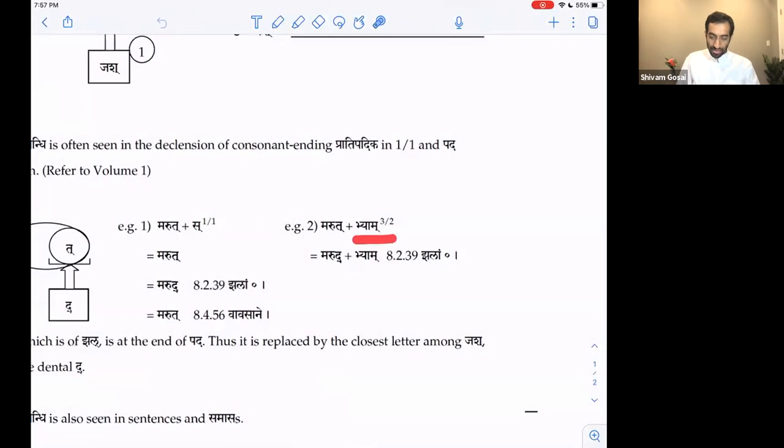Now this bhyam is in the pada section, which means that the anga gets the status of pada. Marut, this right here, gets the status of pada. And because now this is a pada, the ta is at the end of the pada.